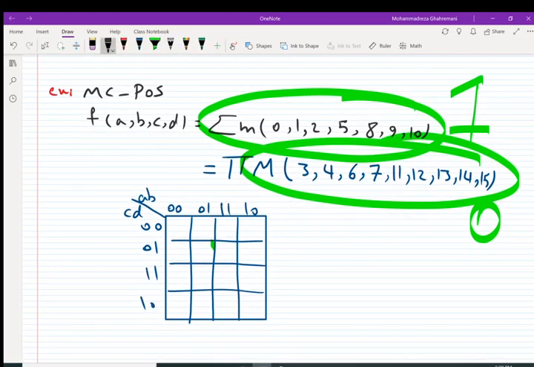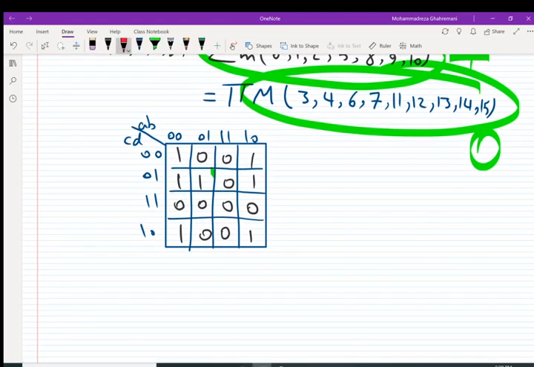So number 3 is 0, this one is 0, 0, 0, 0, 0, 0, 0, 0. Of course, the rest of the cells are 1. So we want to group them. So this is the first group. Why are we grouping zeros?